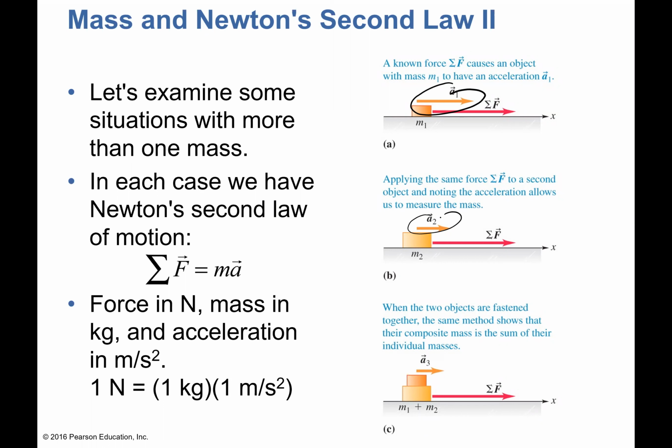So let's say you have a 10 Newton force acting on a 1 kilogram object. Well, this is then 10 meters per second squared acceleration. But let's say 10 Newtons acting on a 2 kilogram object. Now you have 5 meters per second squared acceleration.